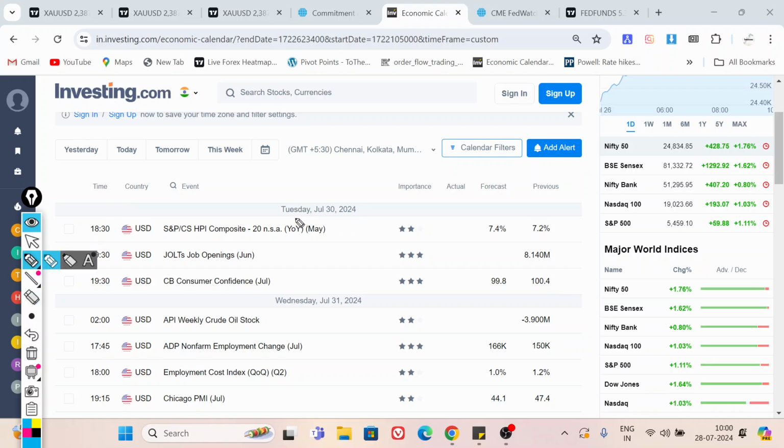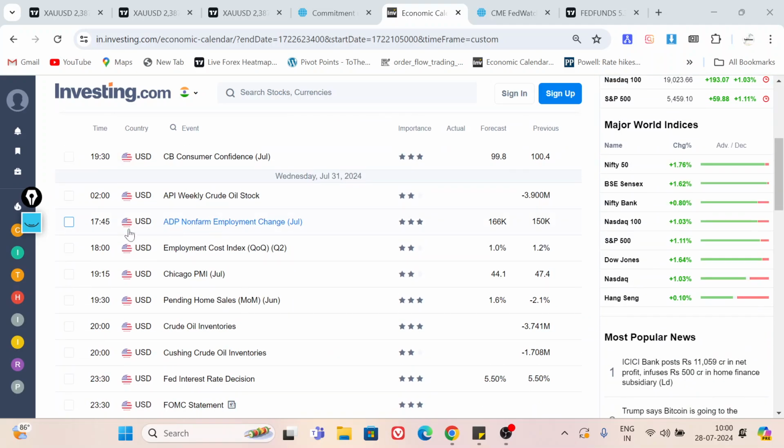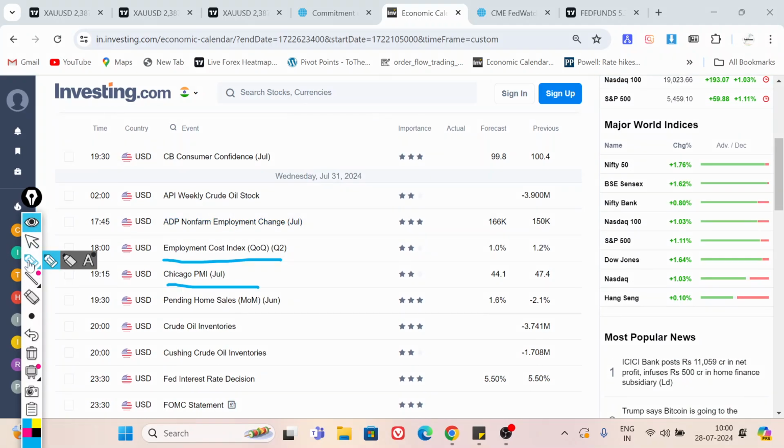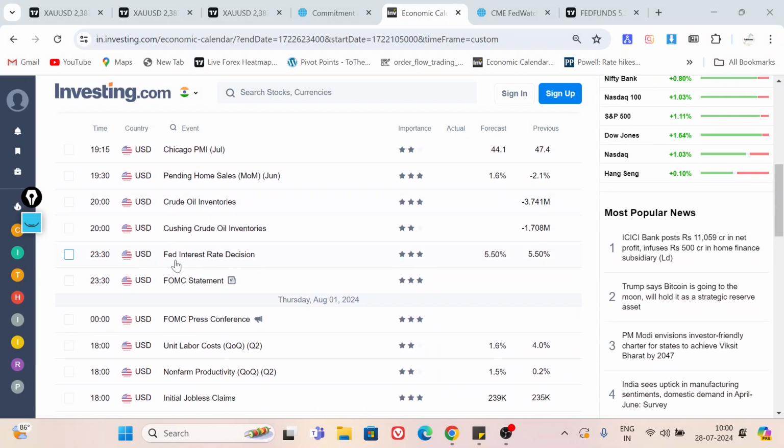For next week, in the Tuesday trading session, we have JOLTS job openings, then CB consumer confidence. On Wednesday, we have the important data: ADP non-farm employment change, then pending home sales, and the most important data is of course the Fed interest rate decision.